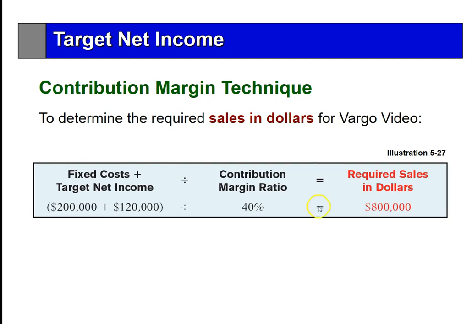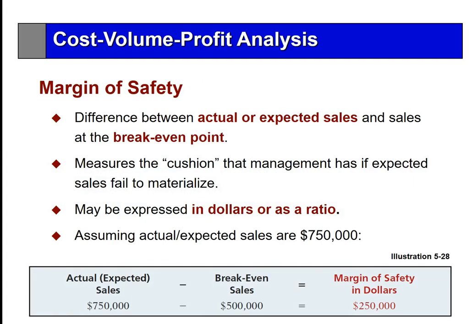If I want it in dollars, I simply take the fixed cost plus the target net income, divide by the ratio, and I get my answer in dollars. So I can predict my profit at any level, or I can predict the volume I need to achieve any type of profit.